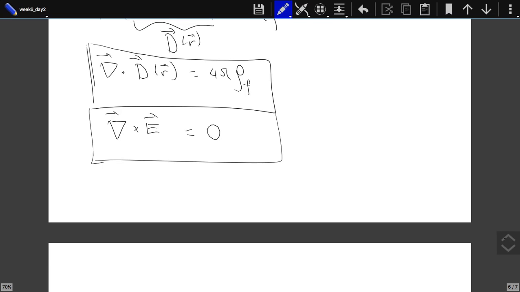Now then the problem is, okay, the second equation is easily solved. The second equation basically tells us that the electric field is minus the gradient of some potential. But how do we put the electric field in the first one? Now D will basically be a function of the electric field itself.